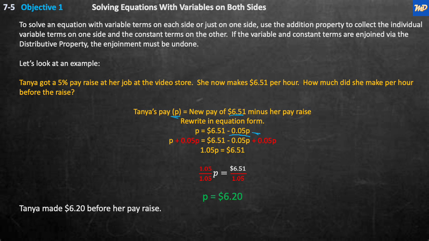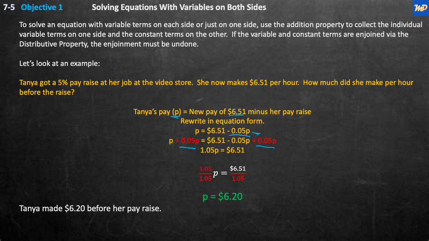So we add plus 0.05P to one side and plus 0.05P to the other side. Whatever you do on one side, you must do to the other. And I'll remind you that 5% in decimal is 0.05.